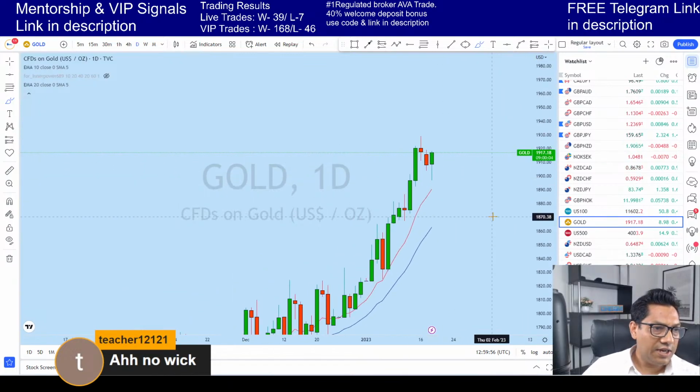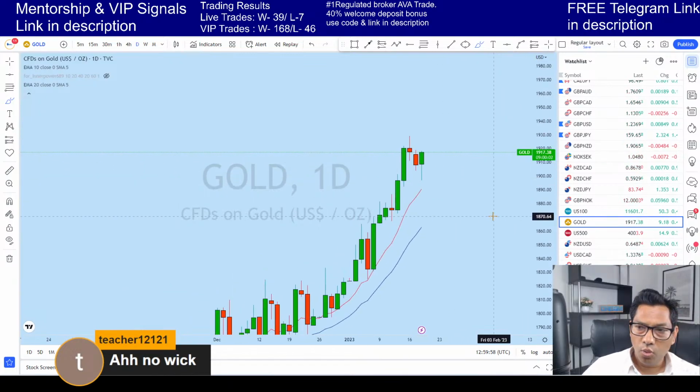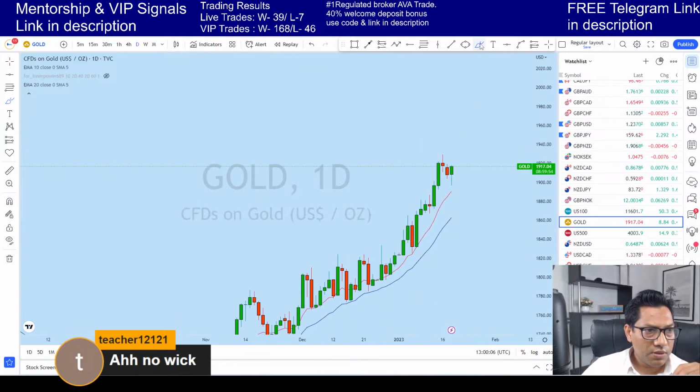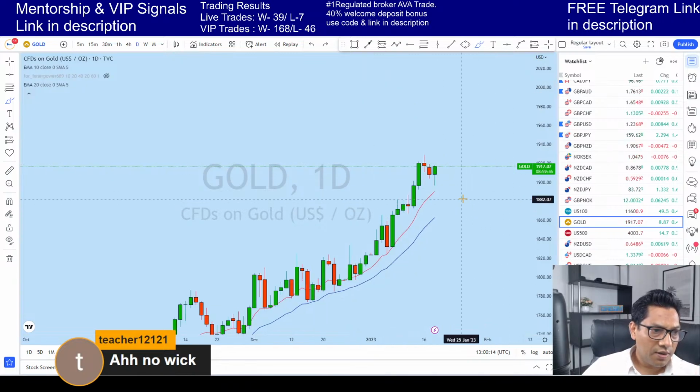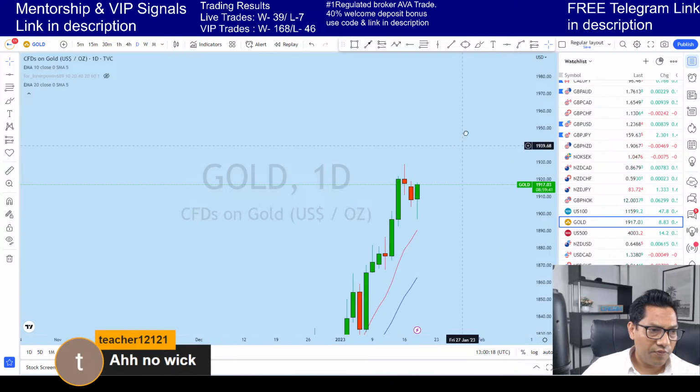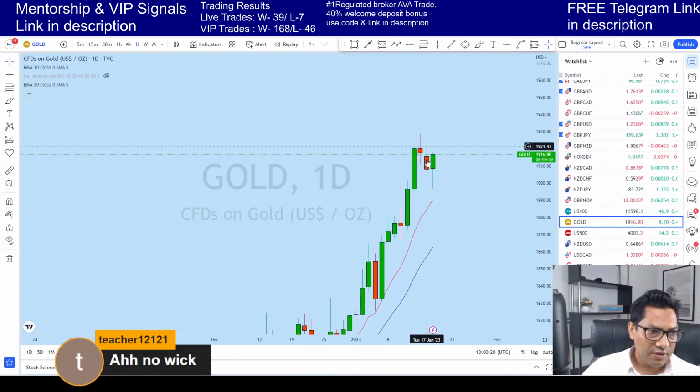Now this is the daily chart, where we can see two impulses, one here with a correction, one here with a correction, and now it is in another impulsive phase. In the second impulse, from the Fibonacci level there was a significant retracement. Now the price is heading to the upside.